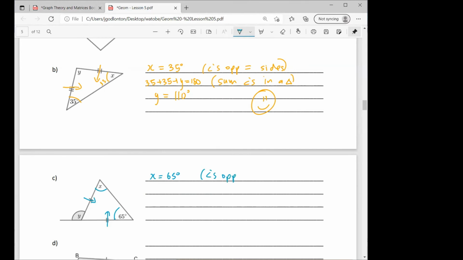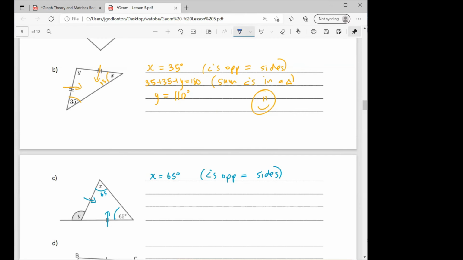Angles opposite equal sides. Now let's see if we can figure out Y. So now I know that that's 65. Can you use that to figure out Y? Okay.